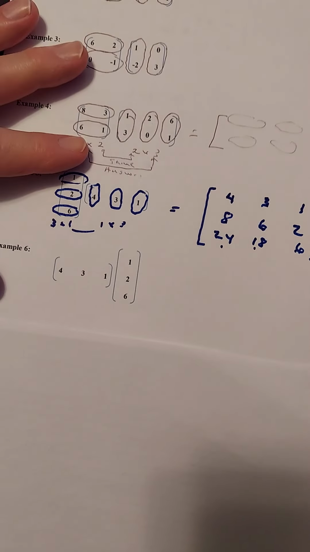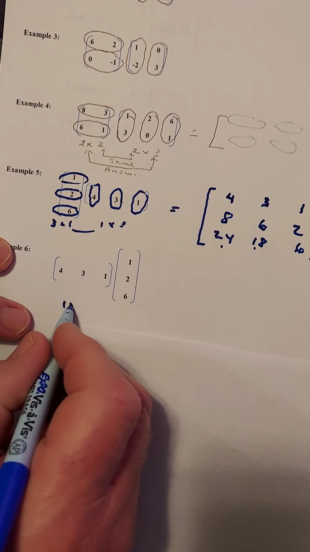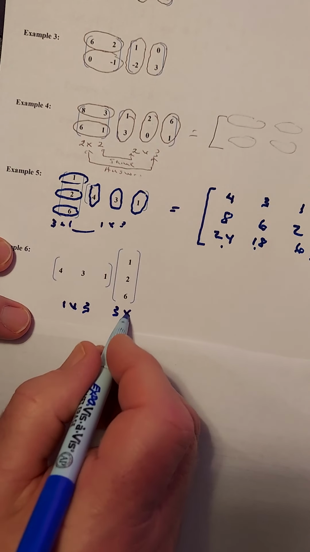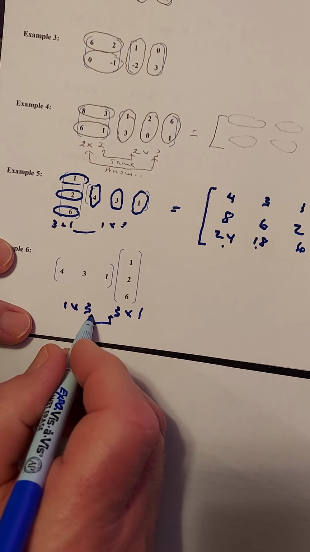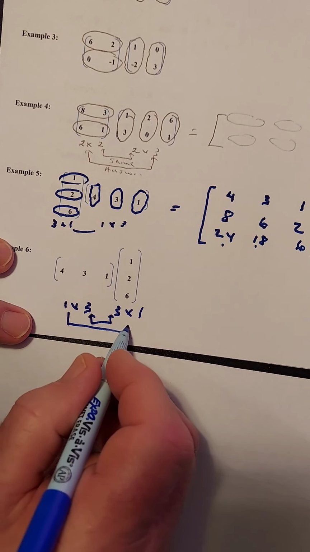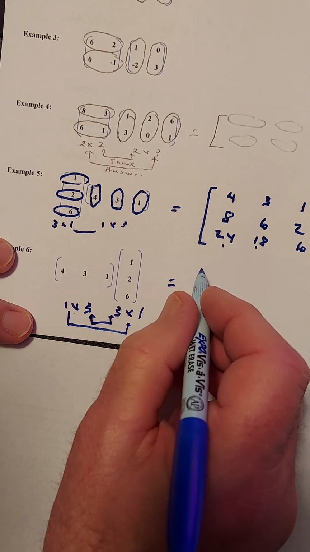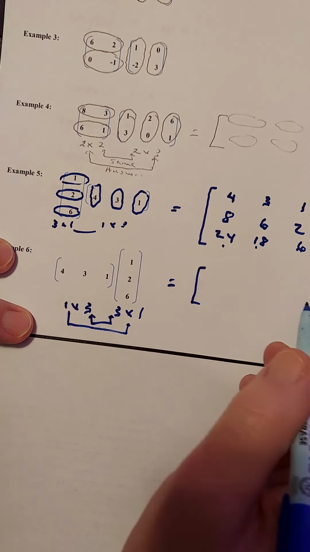Okay, what about this one? This is a 1 by 3. This is a 3 by 1. So you look at it and you say, are the inside the same? Yes. So your answer is going to be 1 by 1. That means this answer is just simply going to be one number. So we got one row and one column.